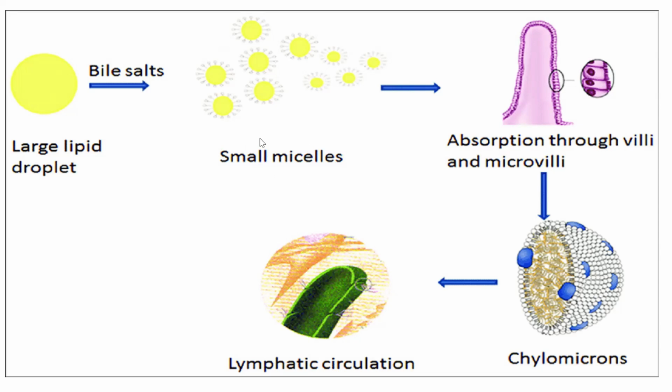Then these mixed micelles associate with the aqueous medium and are absorbed through the villi and the microvilli. After they pass that, they combine with chylomicrons, a major transporter that carries these end products into the lymphatic system. So generally, when lipid is digested and absorbed, it is transported into the lymphatic system.